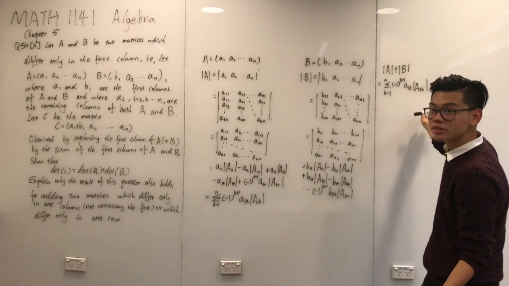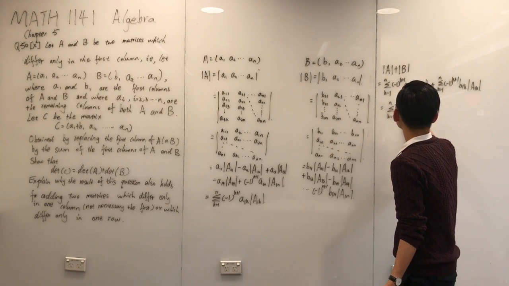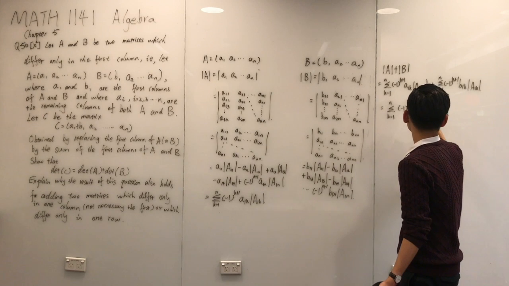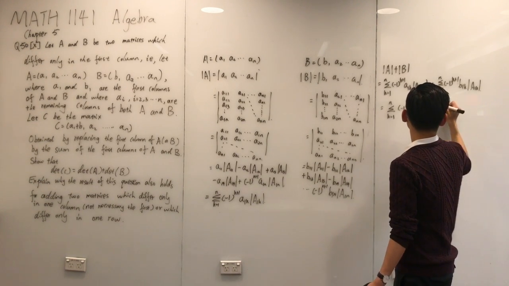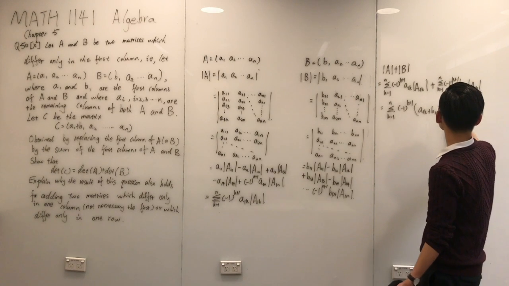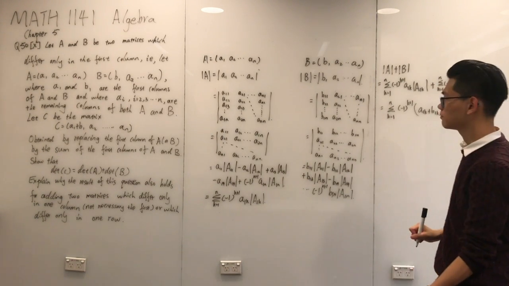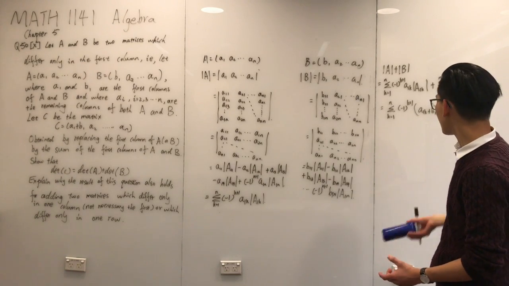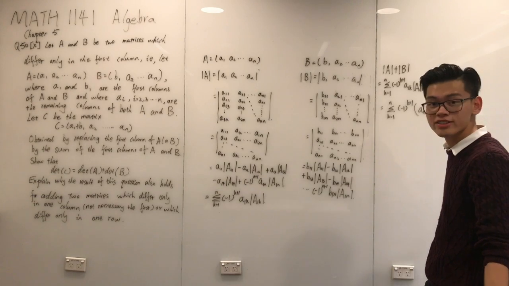And we combine them together, we get the sum from k equals 1 to n of (A1k plus B1k) times the minor. And I hope you guys can see this is the determinant of matrix C.